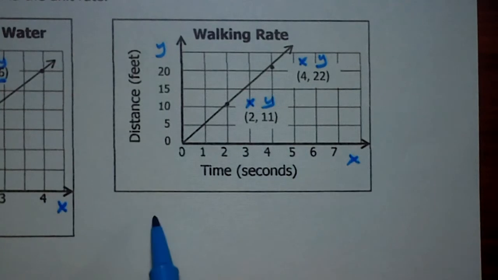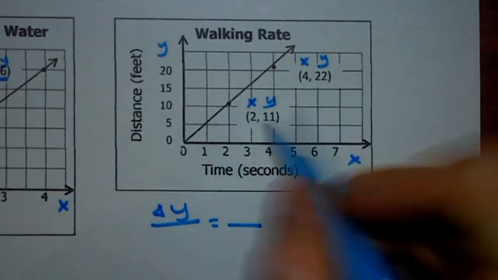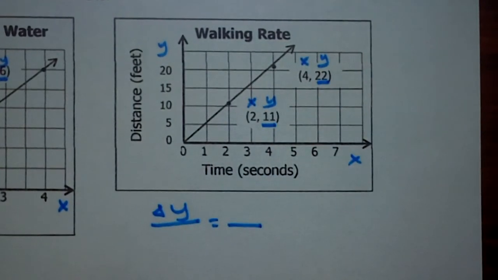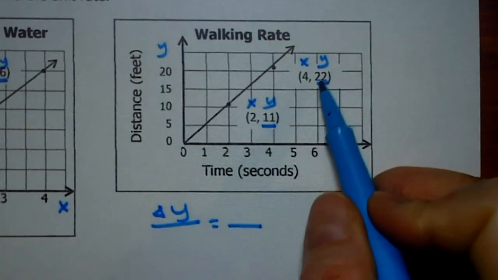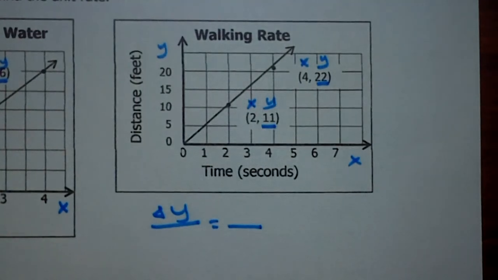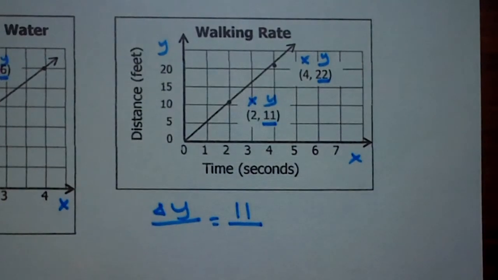I need to figure out what the change in y is and divide that by what the change in x is. So in the y values, I'm going from 11 to 22. To get from 11 to 22, or 11 plus what is 22, or 22 minus 11, to figure it out if you're not sure, but y goes up by 11 to get from one point to the next.